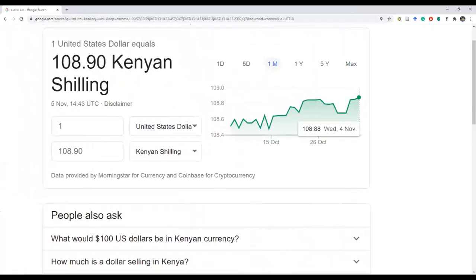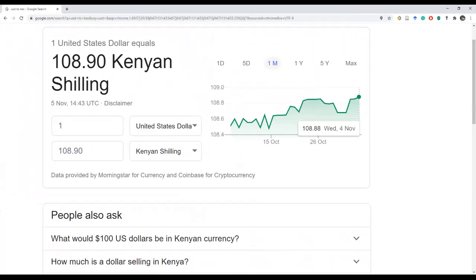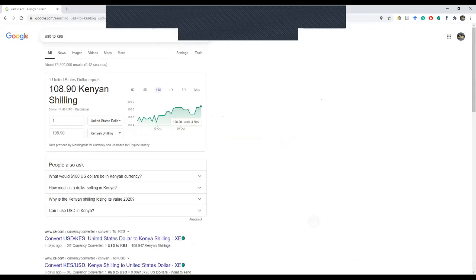It implies that for every one US dollar, the average price is currently at 108.9. We call that the spot. If you go to the market today, maybe this is for the central bank more or less, the exchange rate will be equal to 108 Kenyan shillings per dollar. This is called the spot rate.